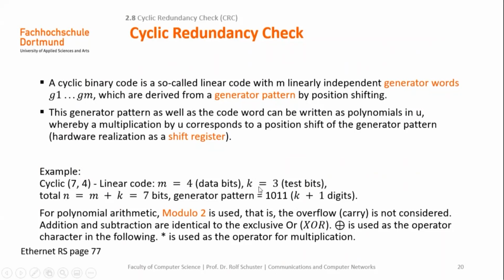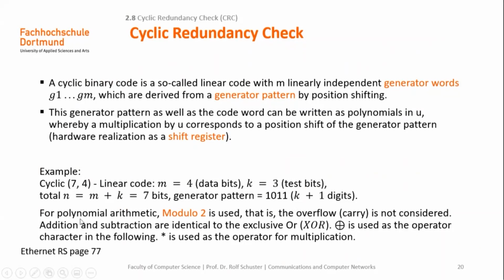K is equal to 3, because 4 plus 3 is equal to 7. Then this is the length of the whole message, this is the length of the original data, and this is the length of the test or control bits.